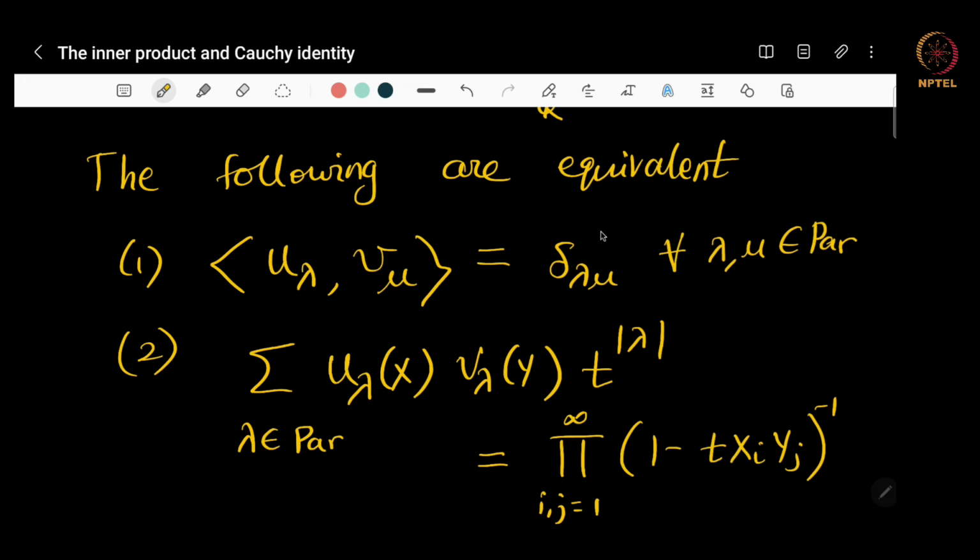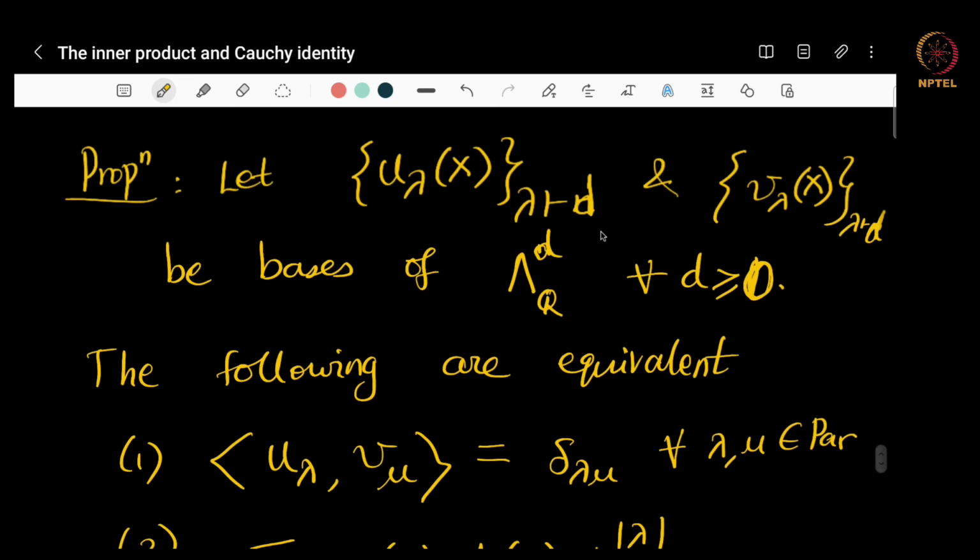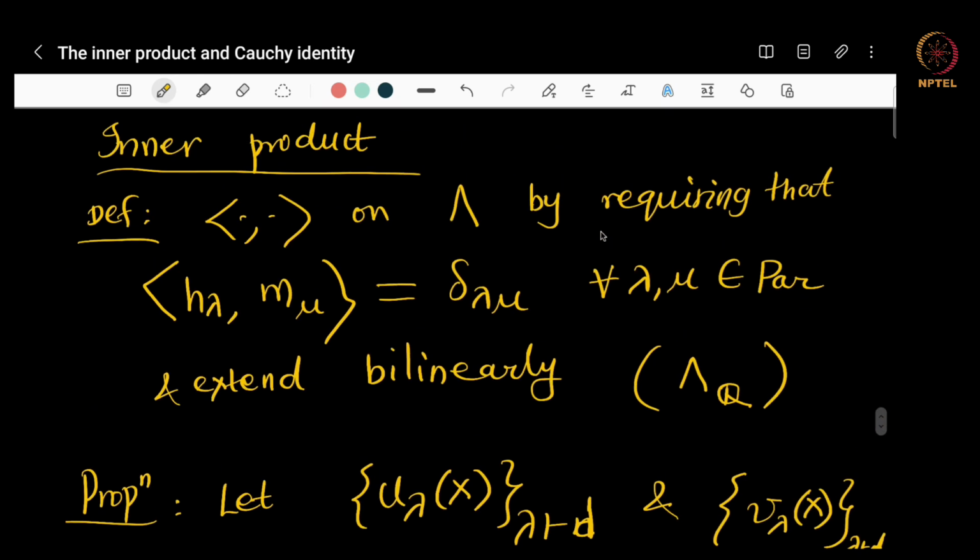So I claim that these two are actually equivalent statements. Observe that this is true for the h's and the m's, right? Because that's how the inner product is defined to start with. That was really our starting point, that h and m are dual with respect to this form.